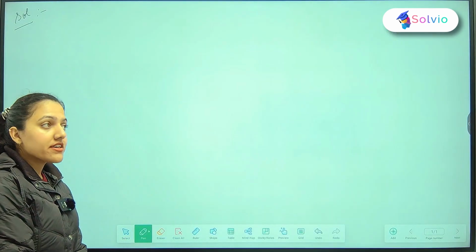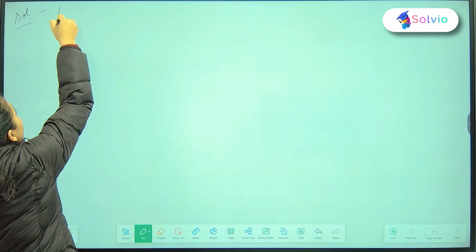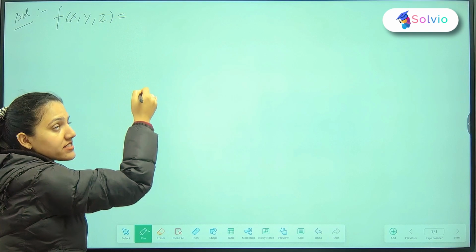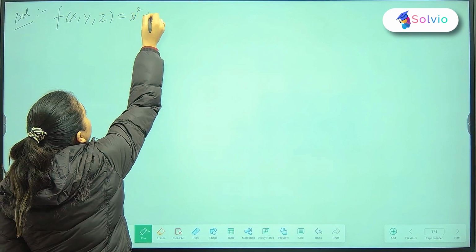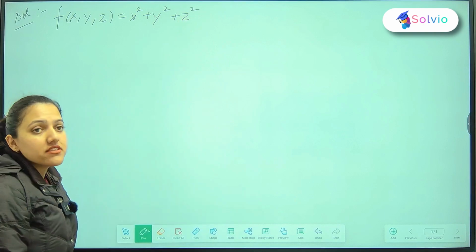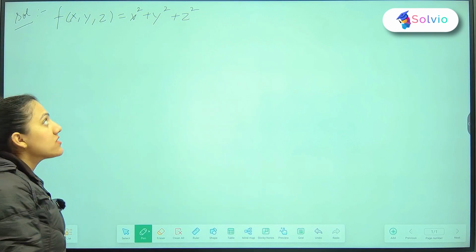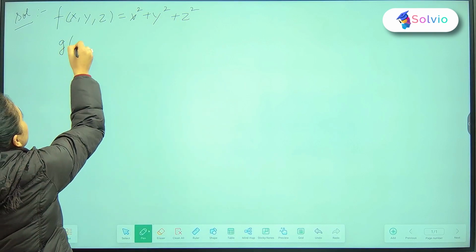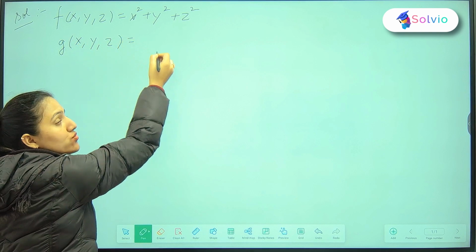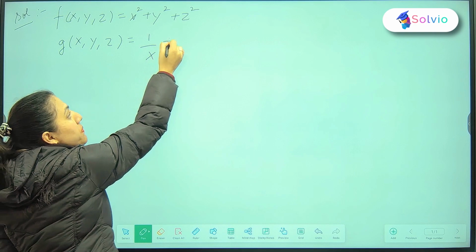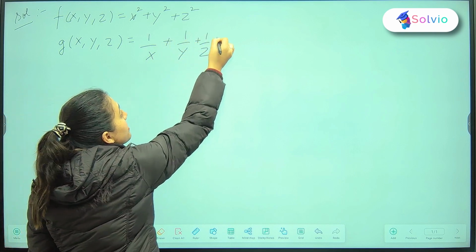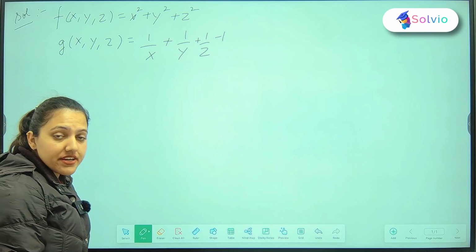So students, here we have given f of x, y, z that is equal to x square plus y square plus z square, and the constraint equation is g of x, y, z that is equal to 1 upon x plus 1 upon y plus 1 upon z minus 1. Clear?